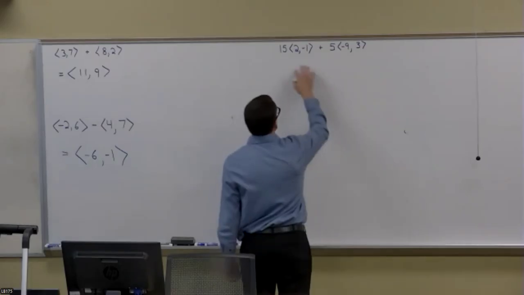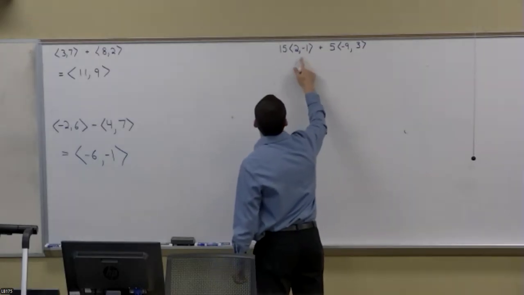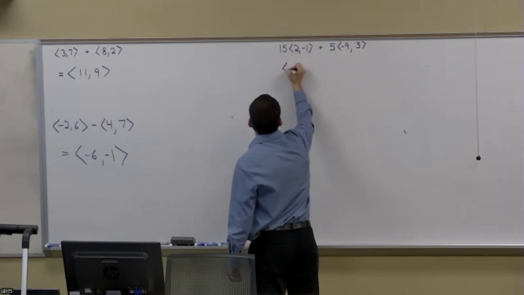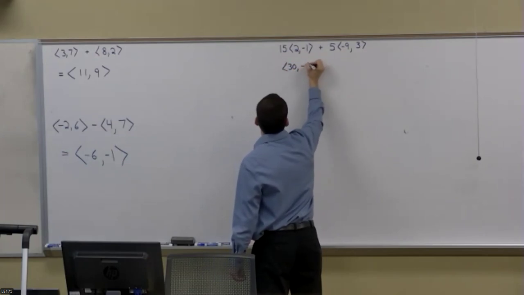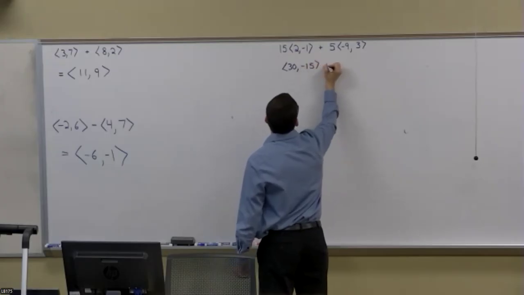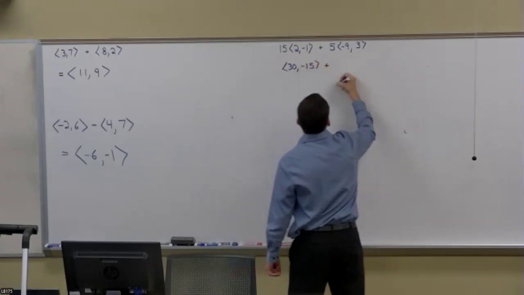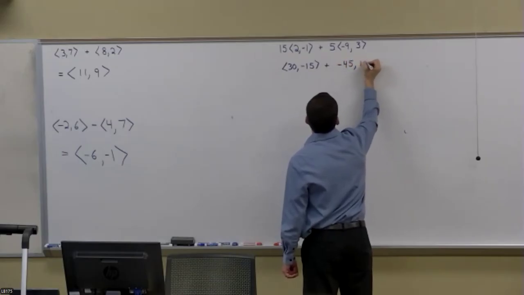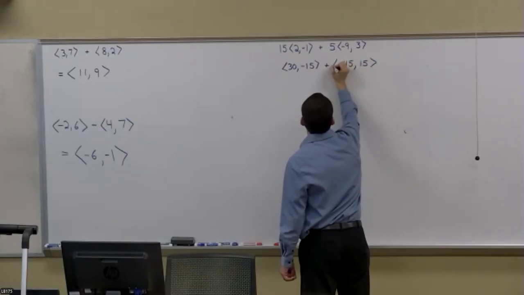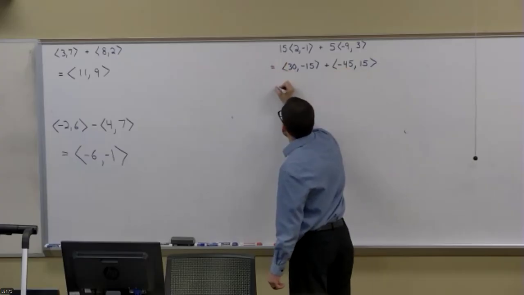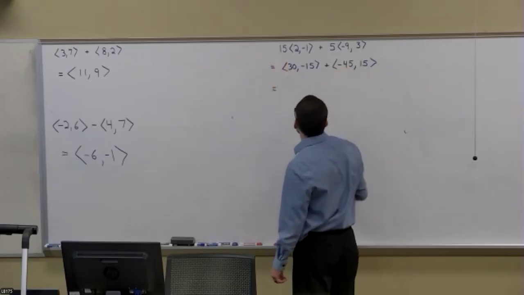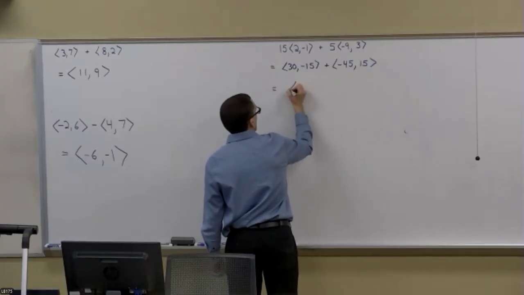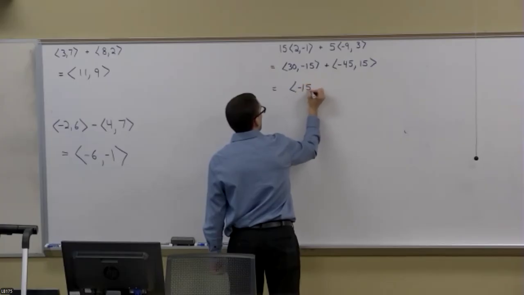When I throw in some scalar multiplication with that, I'm going to distribute the 15 into both parts. That's going to be 30 comma -15. Then I distribute this 5 into both parts. That's going to be -45 comma 15. When I add those 2 things up, 30 plus -45 gives me -15.